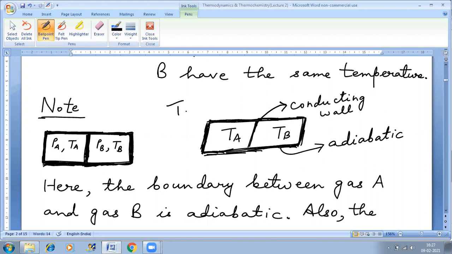Let's say that if temperature TA is higher than temperature TB, then the heat will flow from A to B. So heat will flow through this wall from higher temperature to lower temperature.